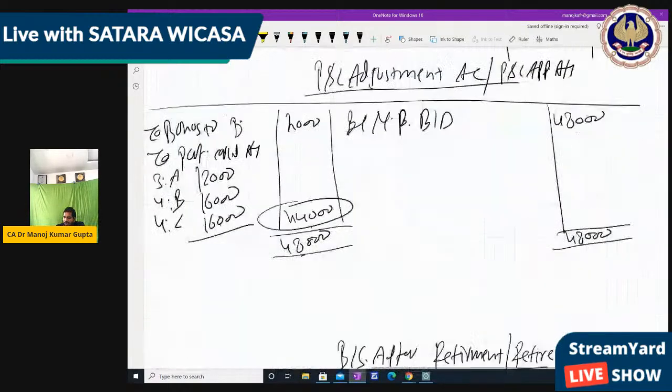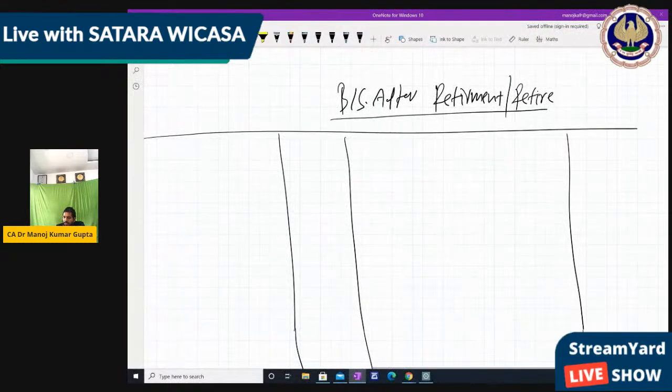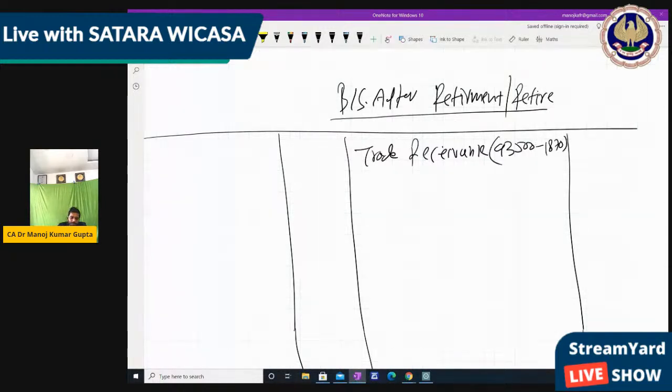Immediately write it in the balance sheet also, so trade receivable 93,500 less 1,870. So 93,500 less 2%, 91,630. Perfect. So trade receivable is done.